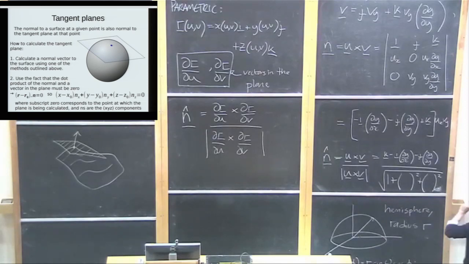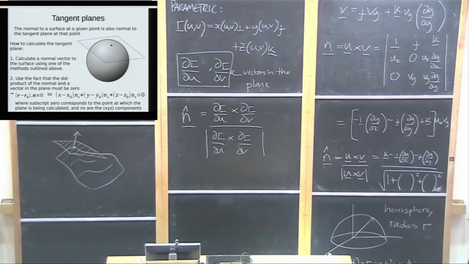We use one of our general methods for calculating the normal to the surface, and then we use the fact that the dot product of the normal and a vector in the plane must be 0.